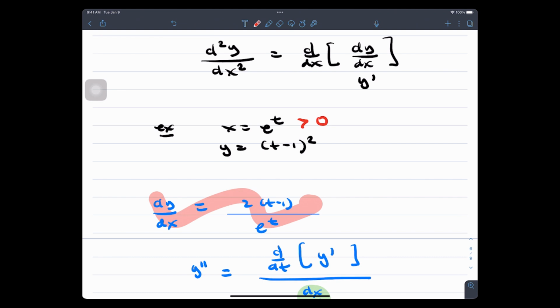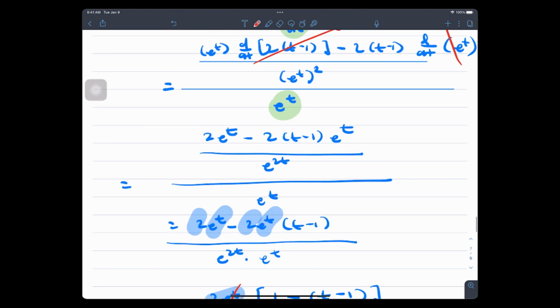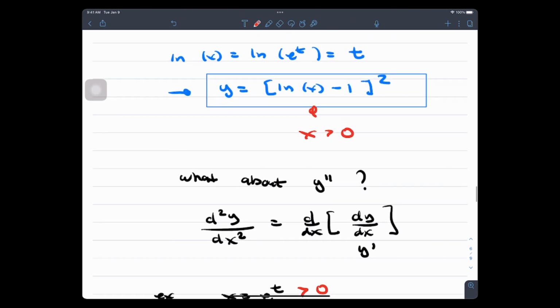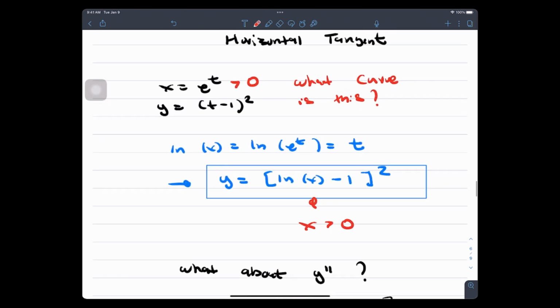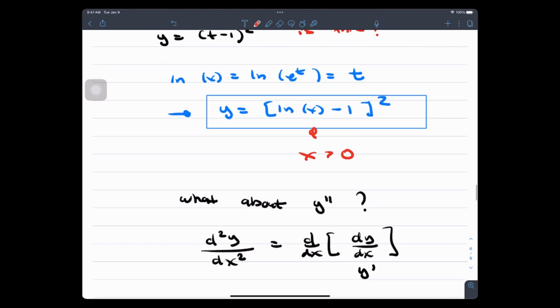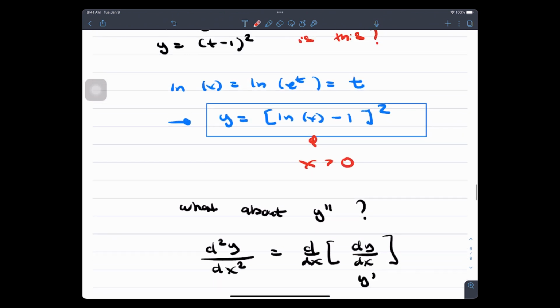Yeah, that's positive for all what? Yeah, you're going to have to go back to that function there. But anyway, I don't think they're going to give you that, but whatever. x has to be positive.